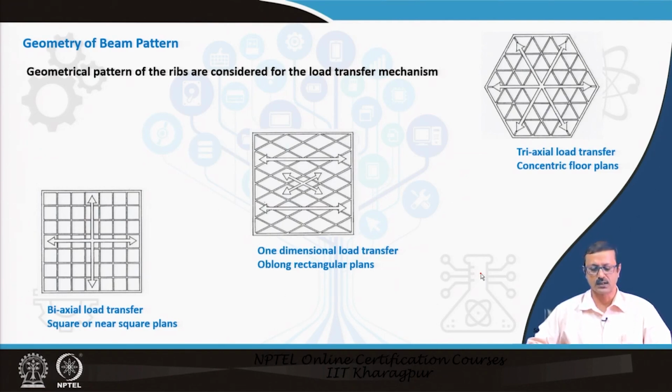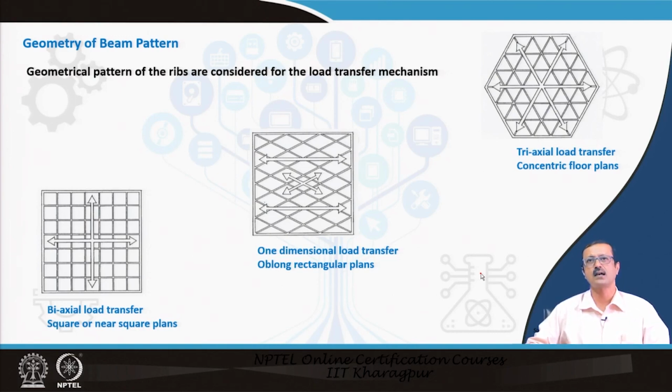Then it will give a two-way, opposite side load share, also known as one-dimensional load share. Sometimes we can go with a hexagonal kind of area, which can come under the coffered slab with a triangular grid pattern.